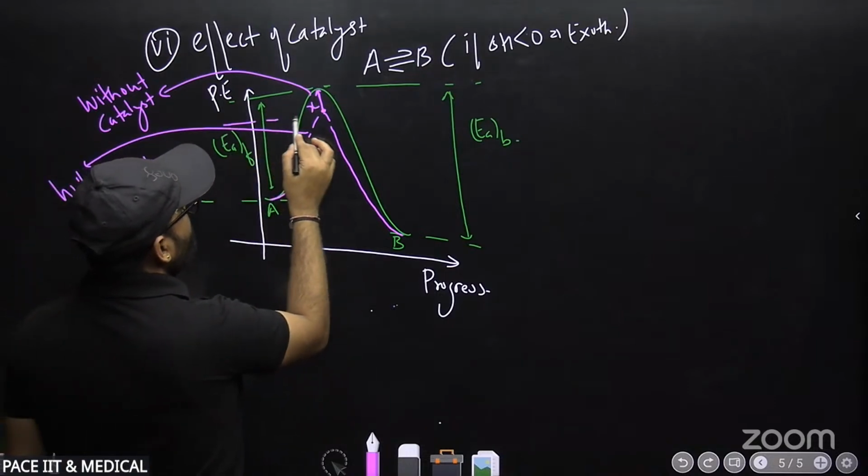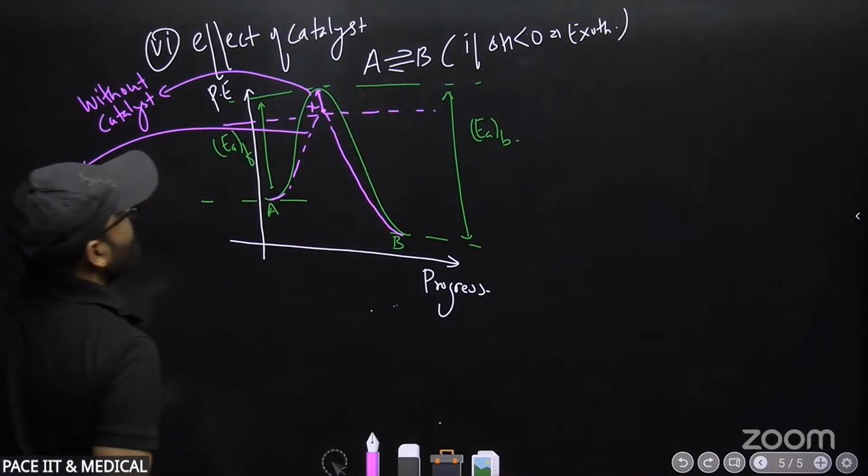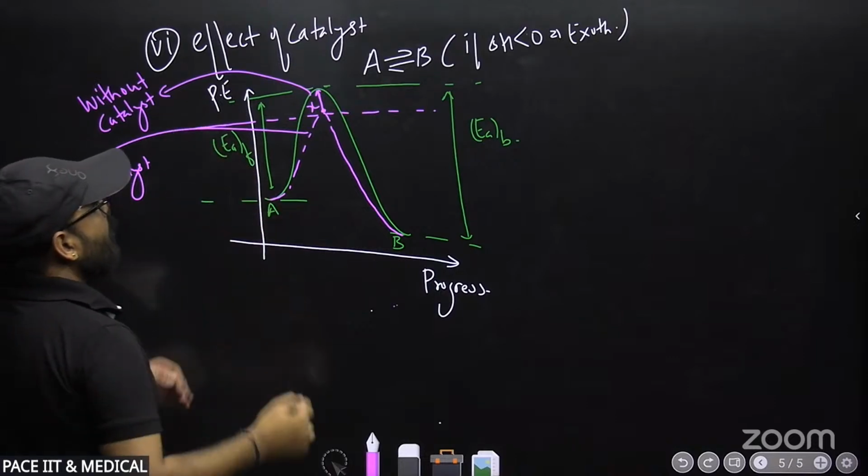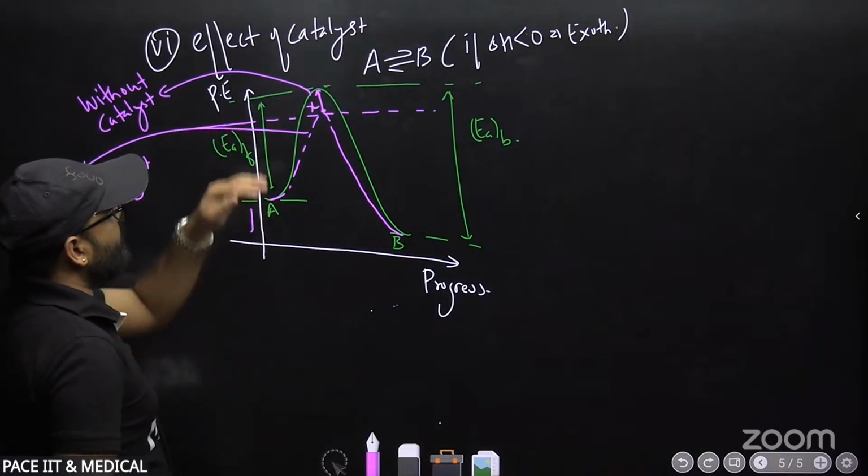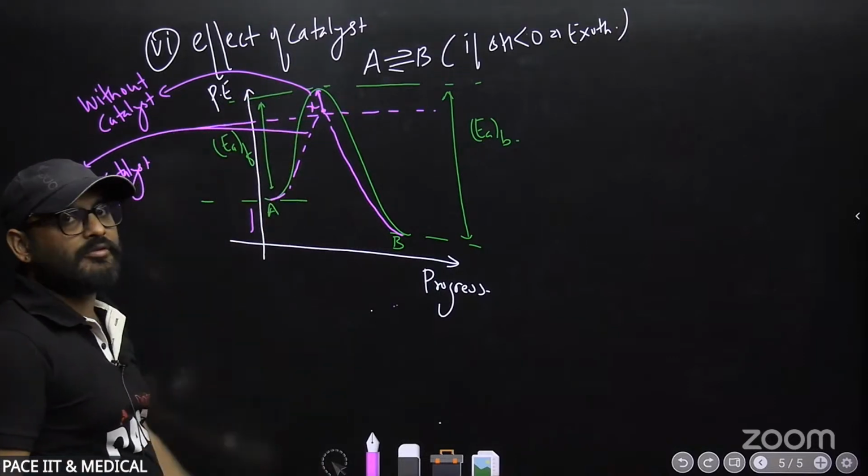Now, what will be the effect on EA forward and EA backward? See, both EA forward and EA backward are now reduced by the same amount, X amount.